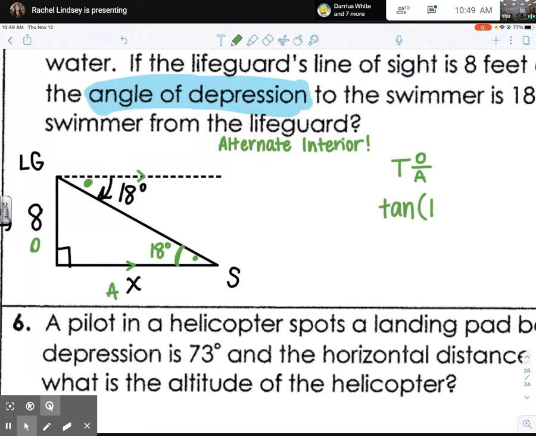Tangent of angle 18 equals opposite 8 over adjacent x. Since x is on the bottom, we have to switch the place of the tan and the x. So x equals 8 over tangent of 18.